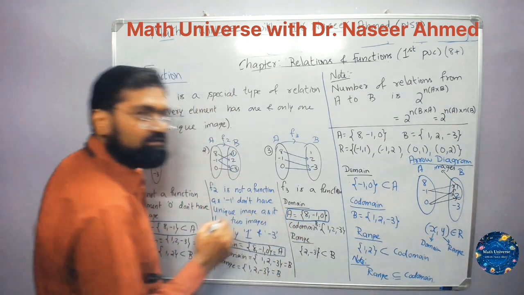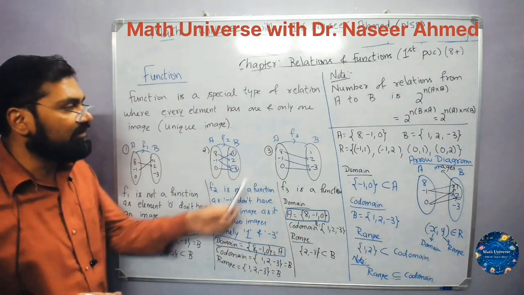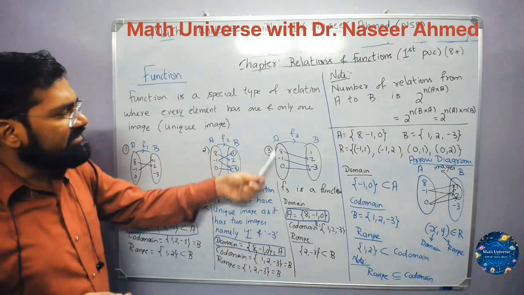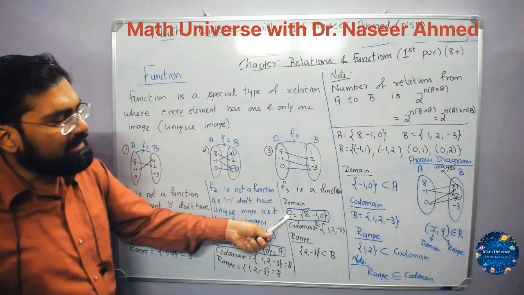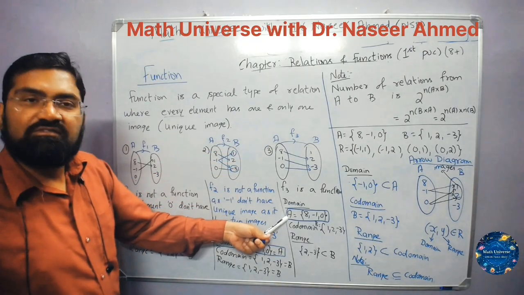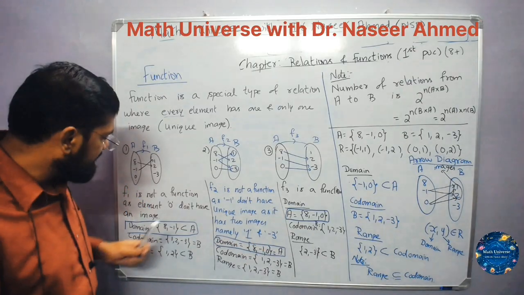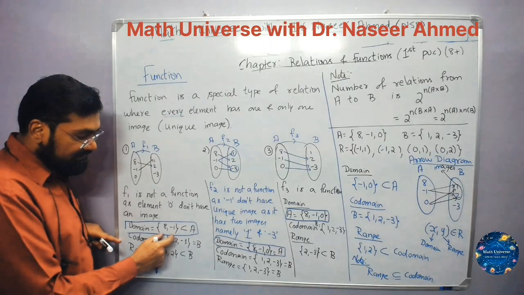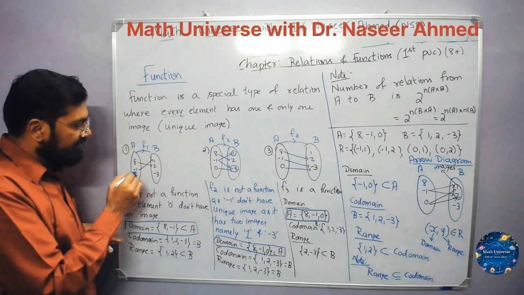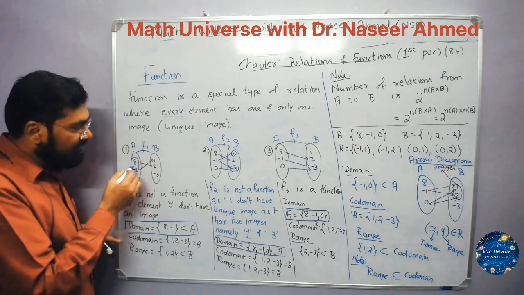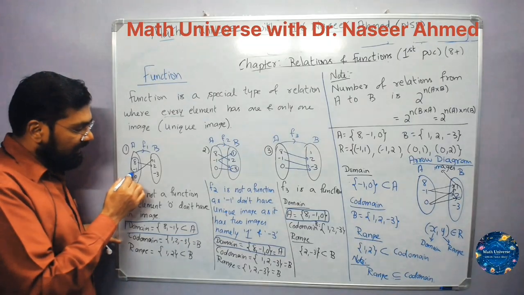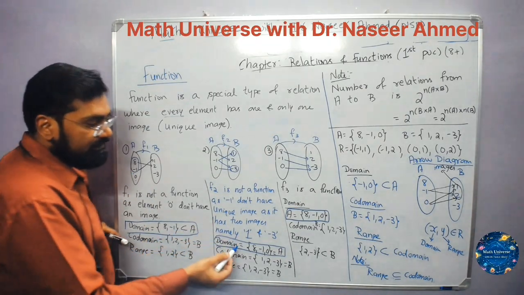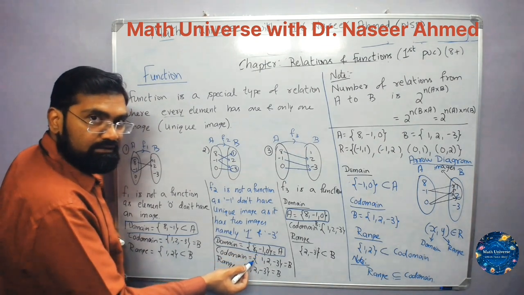Now here, the highlighted point for you is this. Whenever we say a function, see the difference between relation and function. As soon as we say a function, since every element should have an image, always the first set A becomes your domain. Whereas in a relation, no, the first set A need not be the domain. The elements contained in set A, a subset of A may be the domain, or the set A itself may be the domain in a relation.